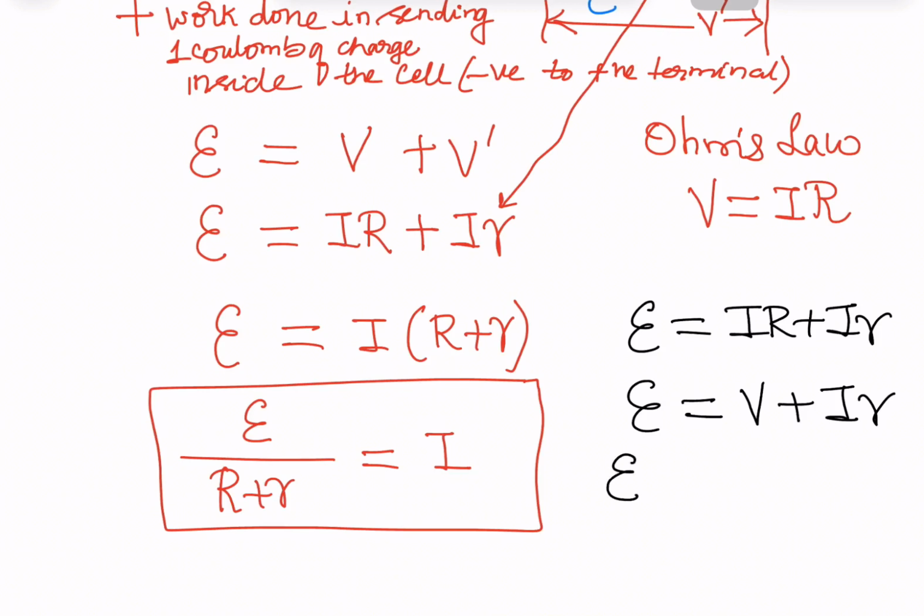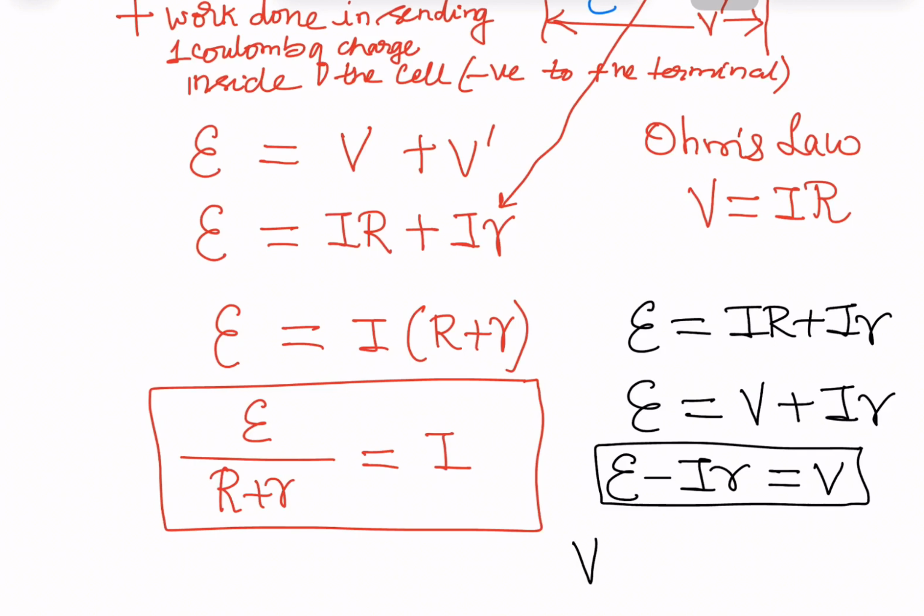Therefore, it becomes epsilon minus I into r is equal to V. So in our derivation, we use the potential drop in the external resistance, V, as EMF of the cell minus I into internal resistance of the cell.